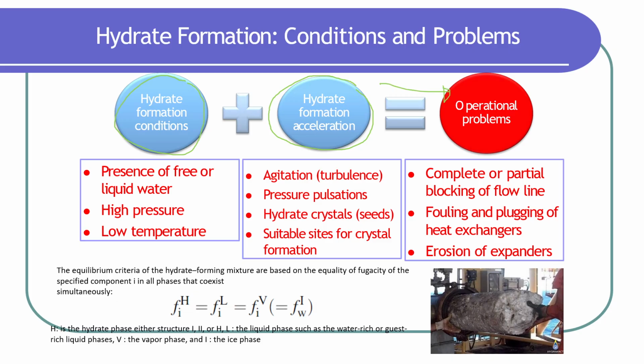The minimum you will get is the blocking of the pipes, similar to what you are seeing in the picture below, where the gas hydrate forms in large quantities or large crystal size, and this large crystal keeps growing till it reaches the point where it completely blocks the pipe. When we talk about the gas hydrate condition, we are talking about the chemical situation or recipe that may contribute to the formation of the gas hydrate, such as the presence of free water, specifically liquid water.